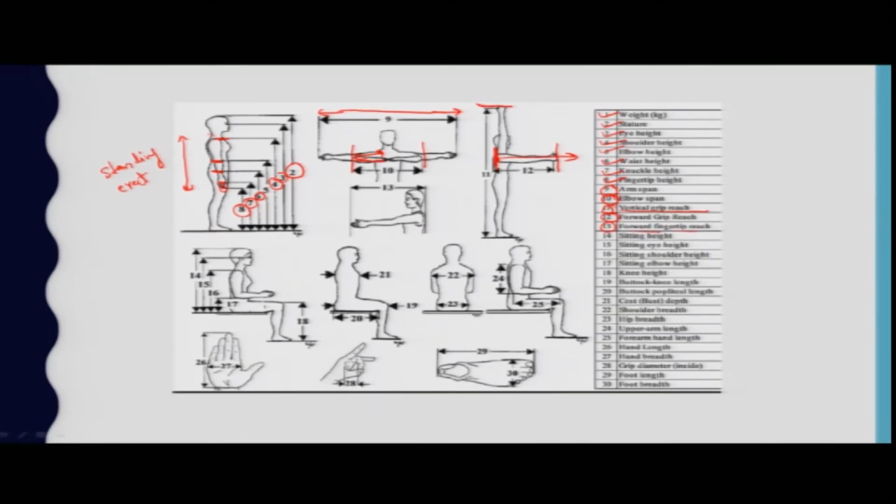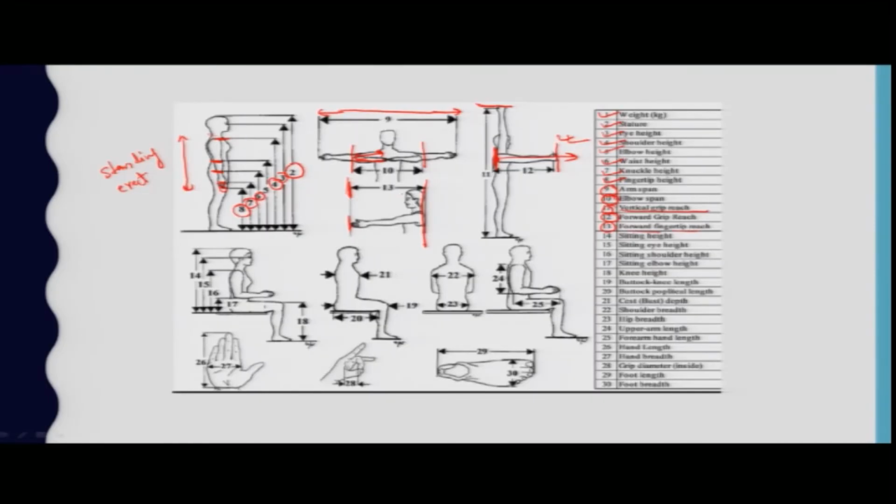The 13th point is forward fingertip reach, which you can see here, where you have to stretch your fingers. In the 12th case, you do not have to stretch your fingers. Here you have to stretch your fingers.